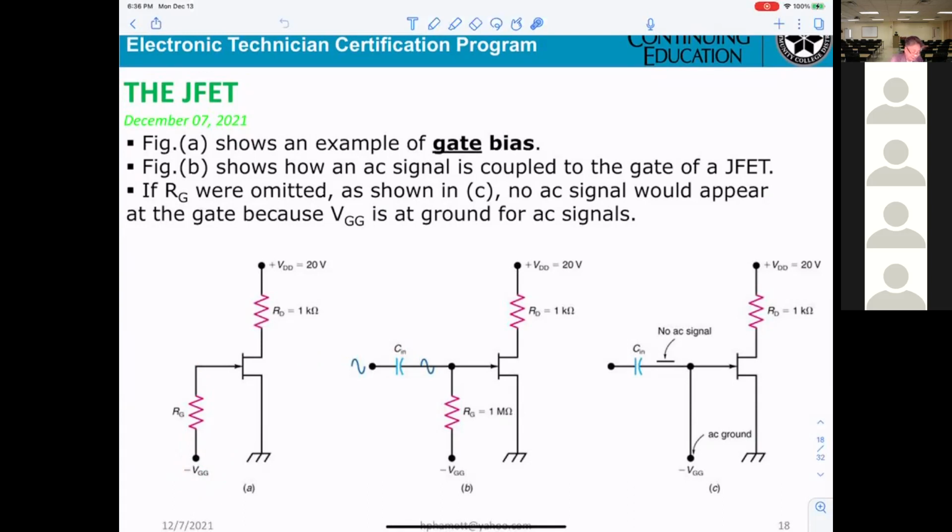I'll give you an example. RG equals 1 mega ohm. That means a very big resistance. So if you get minus 2 volt here at the gate, what is the voltage here? Say VGS equals minus 2 volt.